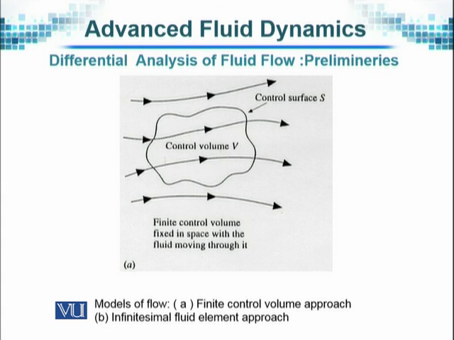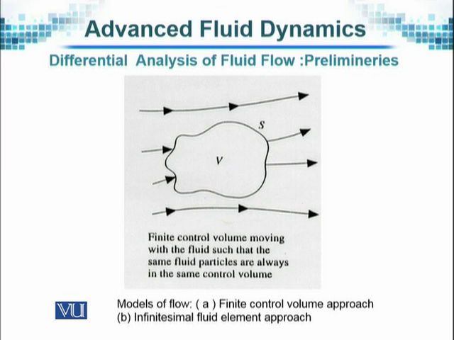So these are the two models that are normally considered. The control volume, I repeat again, is an arbitrary volume chosen from the fluid flow field in such a way that it stays fixed and the fluid is passing through it, while the controlled surface is a surface which is moving with the fluid, and then the equations of motion are developed.